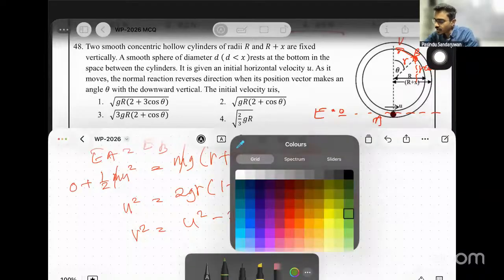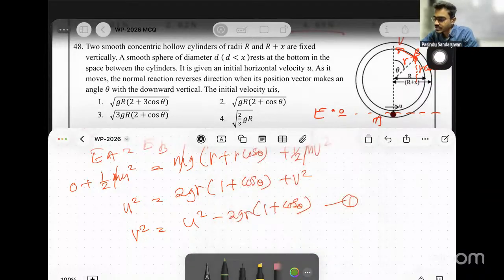And now use F equals ma at this point, because my argument is this: if it alters the sides, which means momentarily that reaction is going to be 0. Initially this is in contact with the outer surface of the tube when it is projected, and at one point it is going to alter the sides.